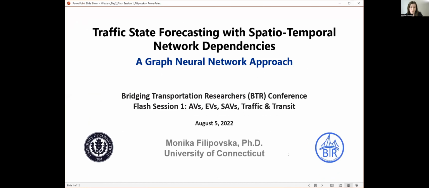Today I will talk about some work that is in relatively early stages. I'm working on traffic state forecasting with spatio-temporal network dependencies, and this particular approach uses a graph neural network to perform that task from a transportation-driven perspective to incorporate the spatio-temporal network components.